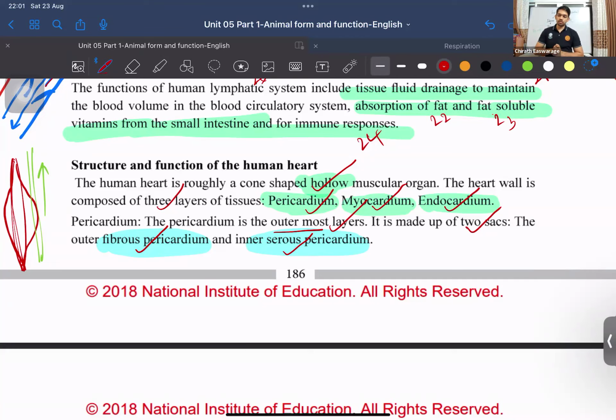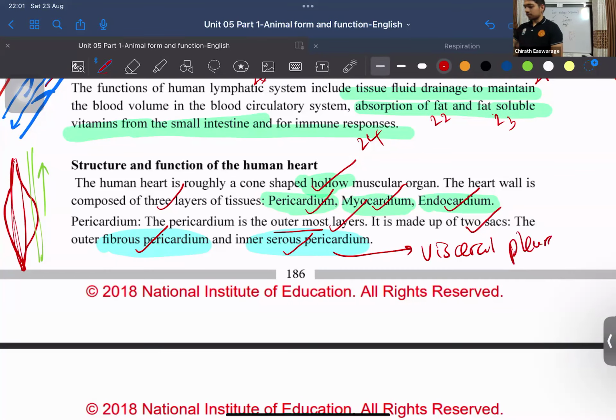This is very similar to what? The two layers of pericardium are very similar to what we learned today about the lungs. The serous pericardium is like the skin of the heart, so it's like the visceral pleura.